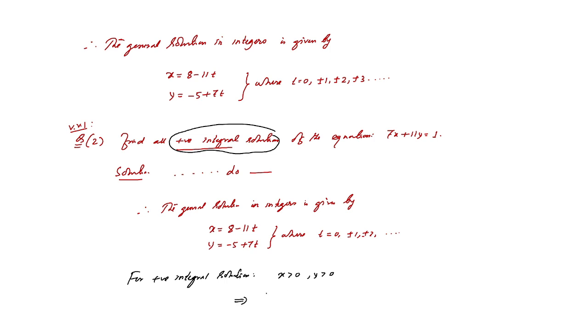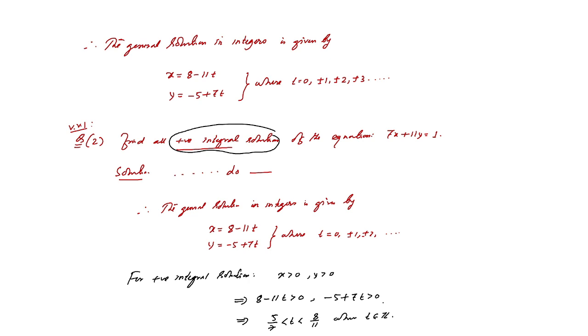So that means we have 8 minus 11t is greater than 0 and minus 5 plus 7t greater than 0 simultaneously. Okay. So that means here we have 5 by 7 less than t less than 8 by 11, where t belongs to integer.